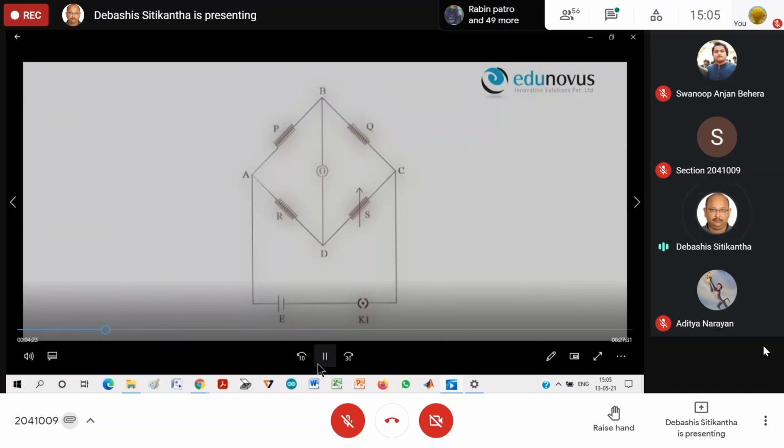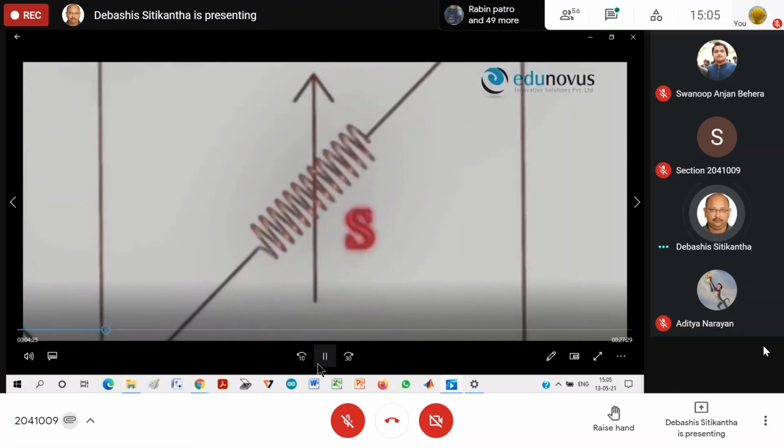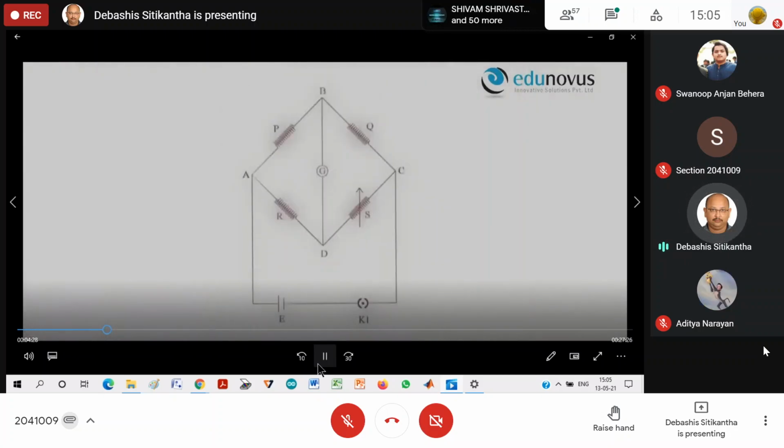Now, adjust the variable resistance S until the deflection in the galvanometer becomes null. While there is no current through the galvanometer, the bridge is said to be balanced. That is, the voltage difference between points B and D is 0.